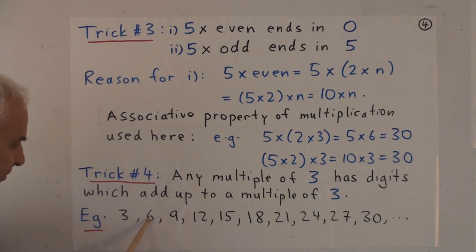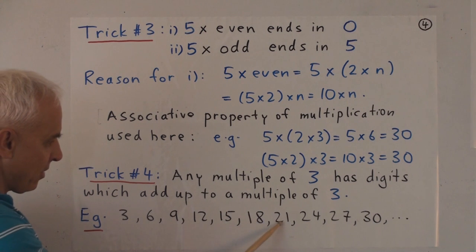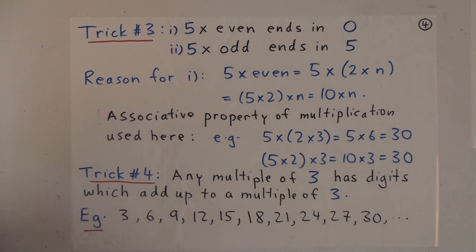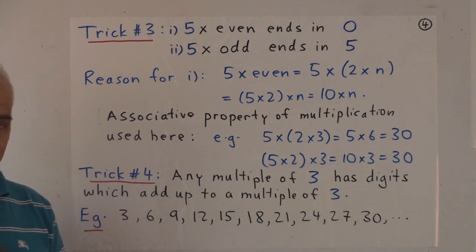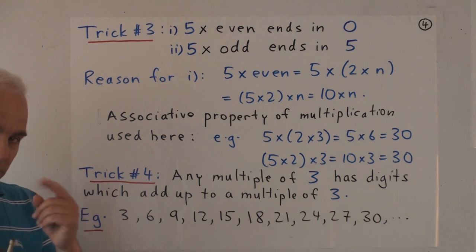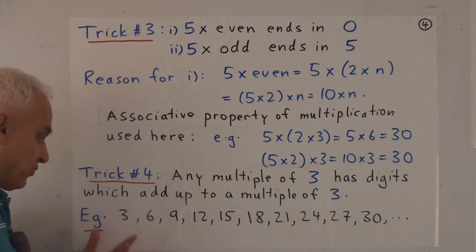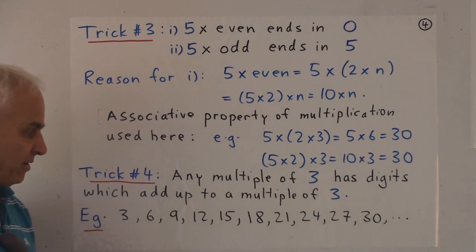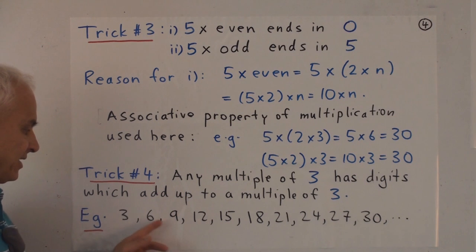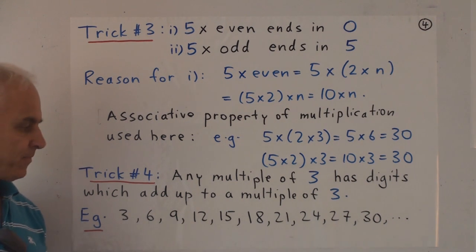Let's have a look at these multiples of 3. What we're saying about them is that if you add up the digits, you get another multiple of 3. So here, here, and here, there's only one digit. If we add up the digits, we're just talking about the single digit. And yes, 3, 6, and 9 are multiples of 3.